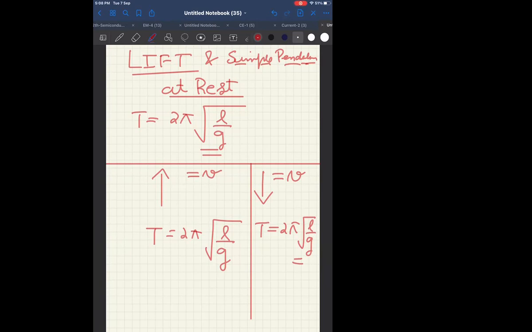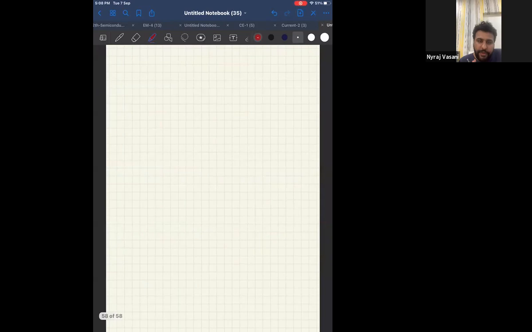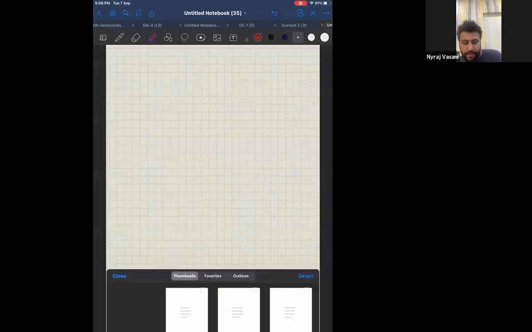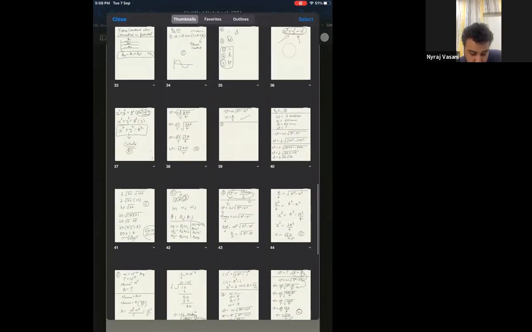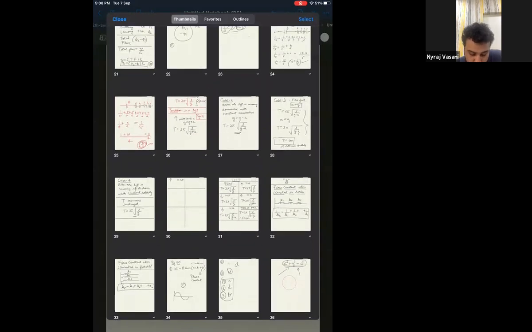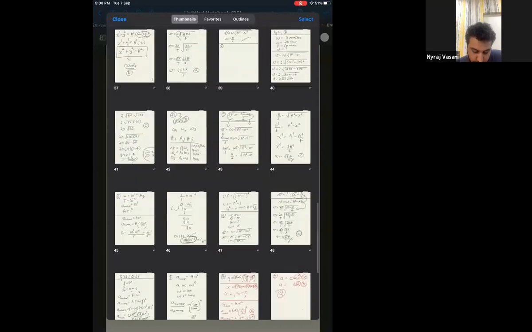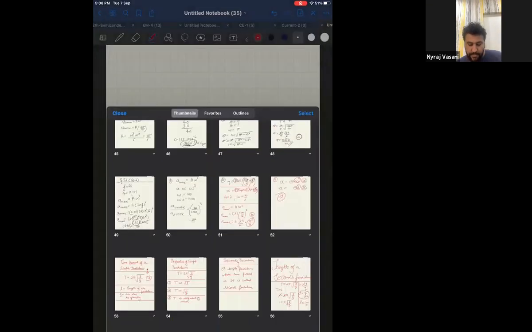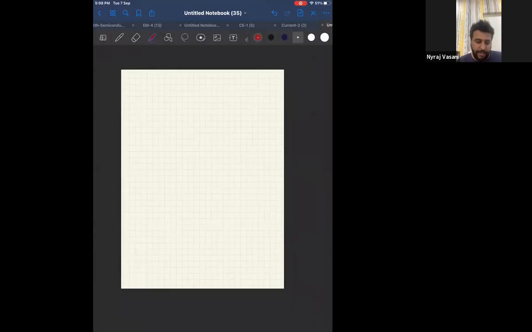Now, when the lift is moving upward with constant acceleration, let me come to that page. Okay, I'll write it here only because it's already a mess.